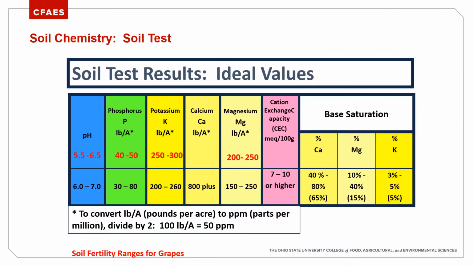As we add lime, calcium carbonate, we begin to increase the CEC, and we start to see the saturation go the other way. Base particles of calcium, magnesium, and potassium begin to take over the sites.